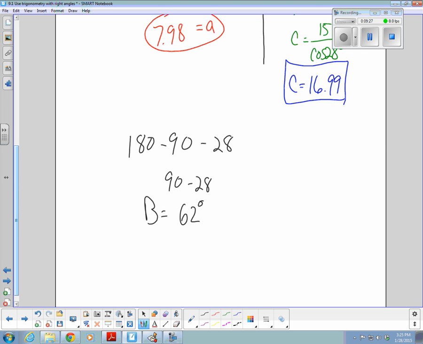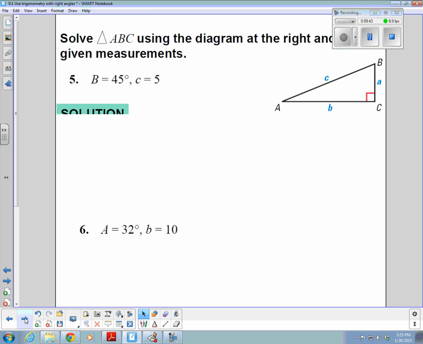So there we go. We got B, we've got C, we've got A, we've got everything we need, and we're done. Okay. So I realize that's a lot of work, but once you get the hang of it, it's not too bad. So let's try one more practice problem together, and then I want you guys to try a couple on your own. Okay.